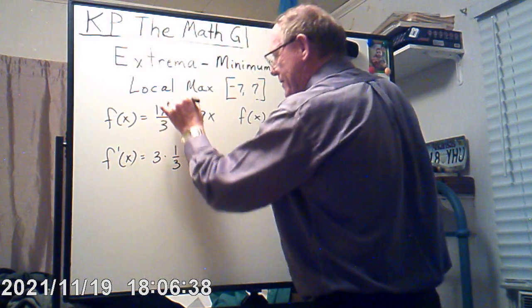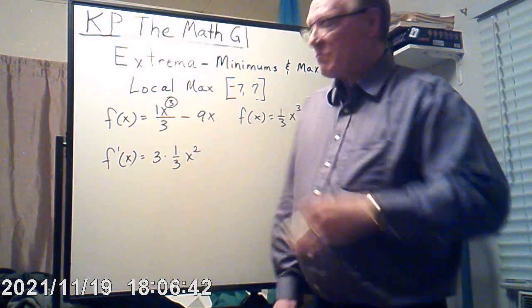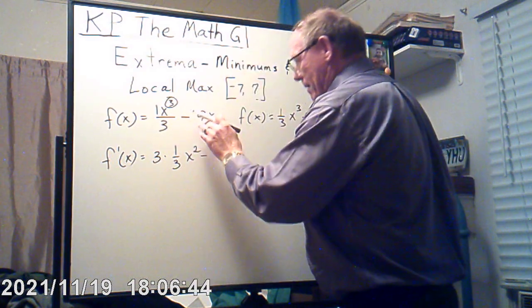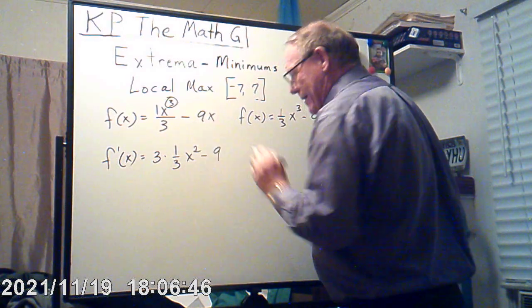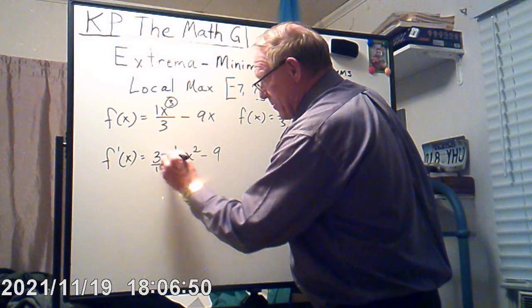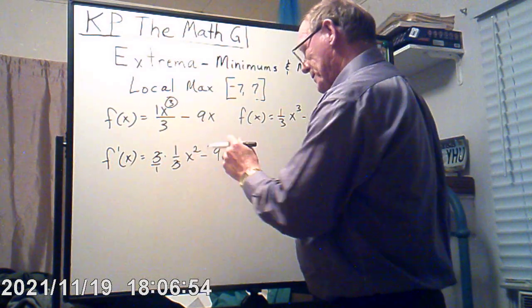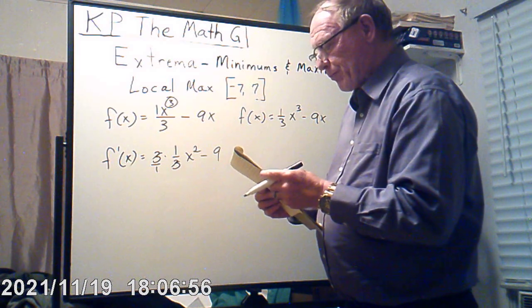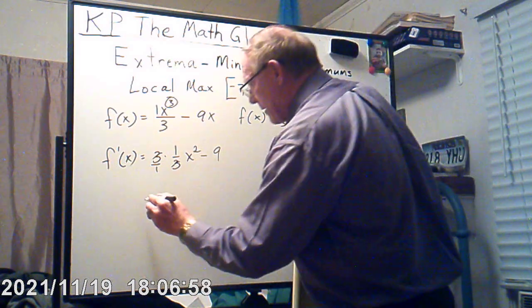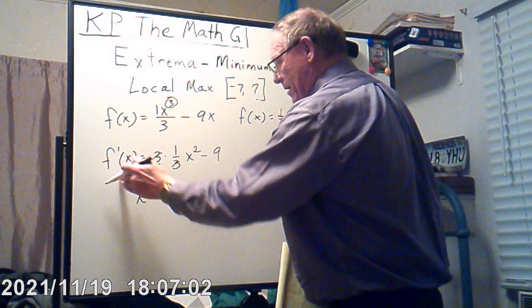Now remember, we're reducing the exponent by 1. Keep that in mind. Remember, 9x is just 9. Okay? And look what's nice about this. This is 3 over 1. These divide out. Now you just have x squared minus 9. Remember, that is f prime at x.